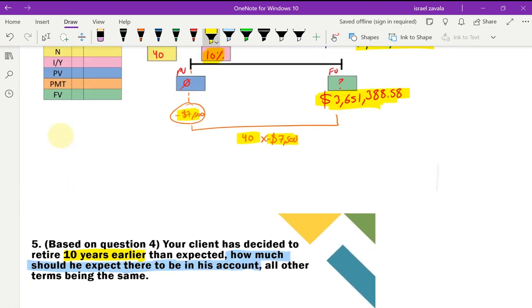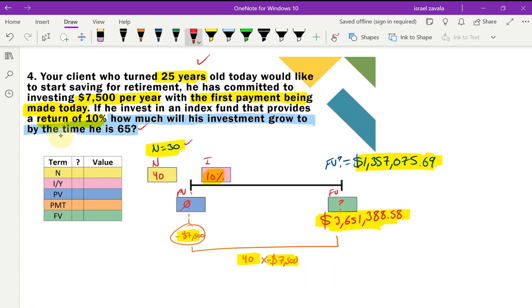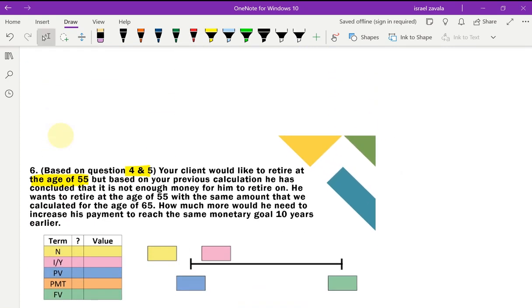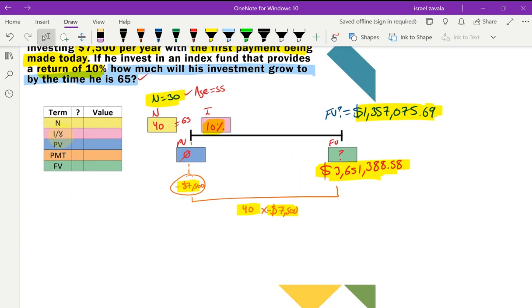So basically what he's saying is, hey, I want to retire at 30 years of compounding. He's 25. This is his age here, 55, versus here his age would be 65. So he's saying, hey, that's not enough money for me to retire on when I turn 55, 1.3 million, right?